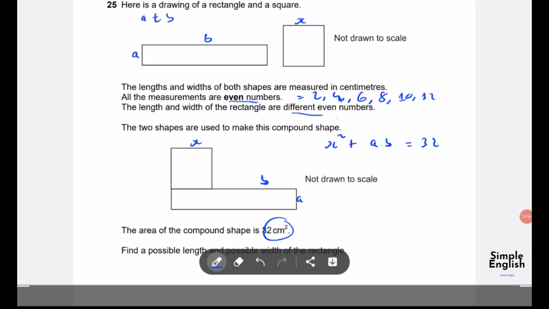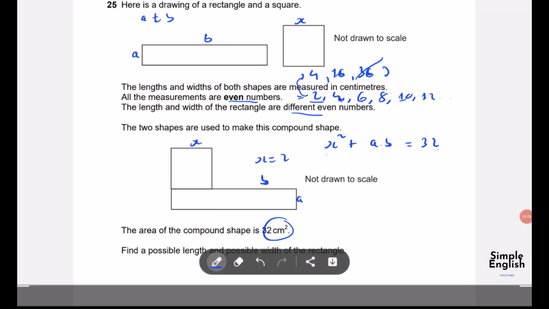How about 2? 2 squared is 4, right? 4 squared is 16. 6 squared is 36. No, 36 is greater than 32, right? So x must be either 2 or 4, right? Let's try. If x is 4, x is 2, I'm sorry. We try this one first.